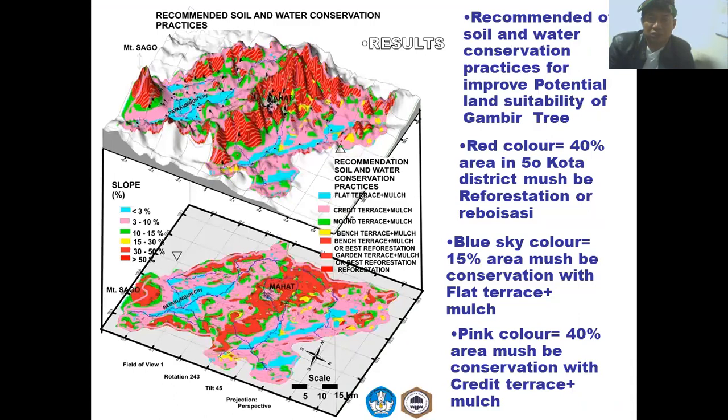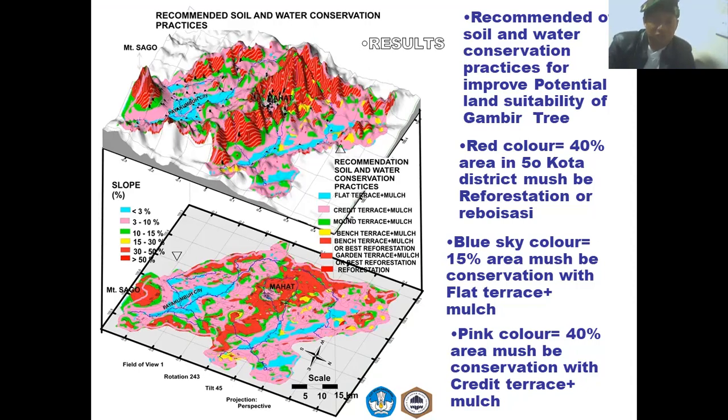This is the three-dimensional map of the recommended soil and water conservation practices for improving the potential land suitability of the Gambir tree. In this map, the red color indicates that 40% of the area in the 50 Kota district must be reforested. The sky blue color indicates 50% of the area must be conserved with flat terraces.